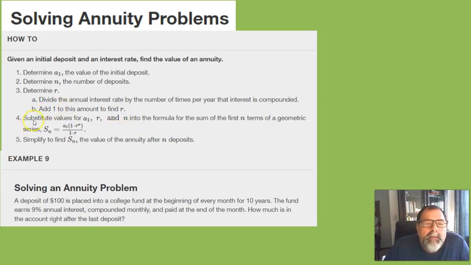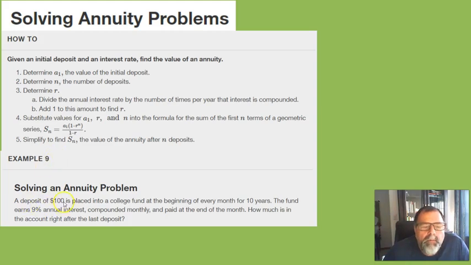Okay? Substitute the values A1, R, and N into the formula for the sum of the first n terms of a geometric series given here. And then simplify, to find S sub n. That's the value of the annuity after n deposits.